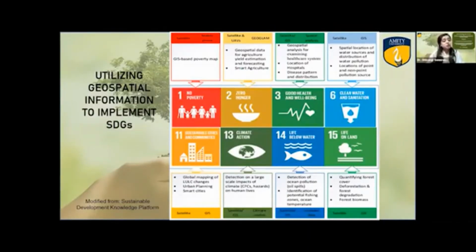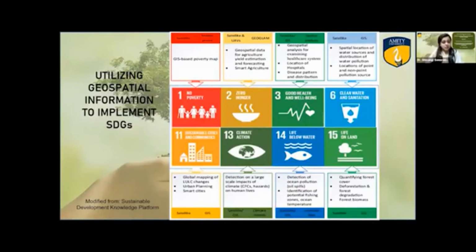Then new GIS innovation using spatial statistics for analyzing spatial distribution and patterns can be utilized for controlling diseases. Location intelligence technology can be used for locating the nearby hospitals. Hence, one can efficiently use various geospatial techniques for the accomplishment of SDG 3, that is good health and well-being.